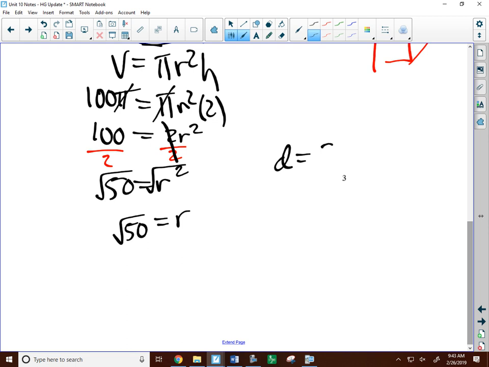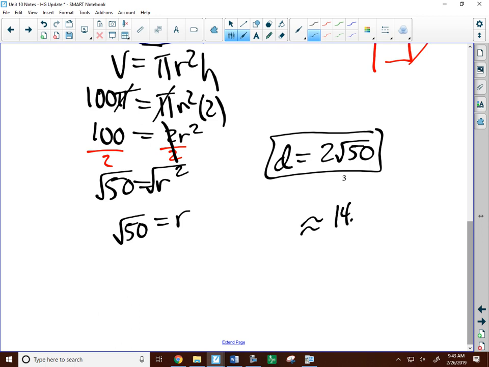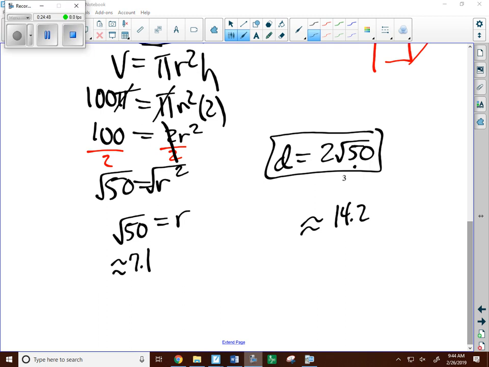So the diameter is going to be twice that. So I'm going to write it as 2 radical 50. It's probably about 14.2 because this is about 7.1. It is 14.14. This is exact, so I'm just giving you the rounded values as well.